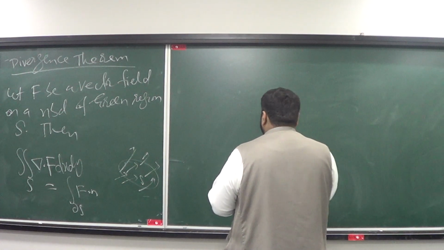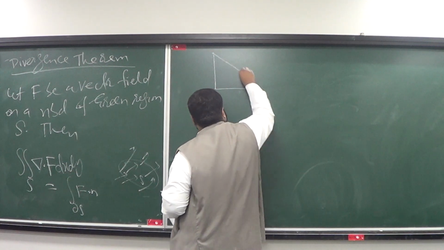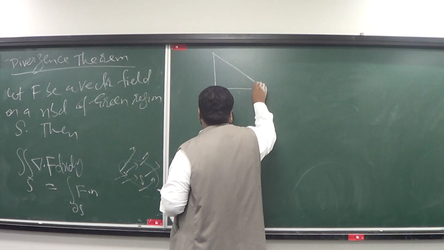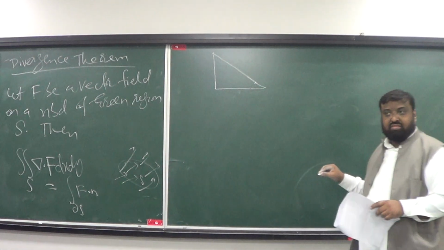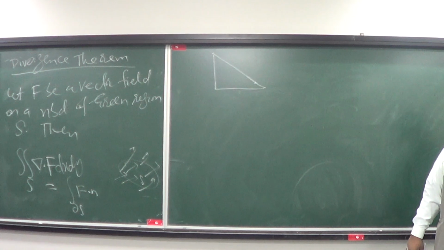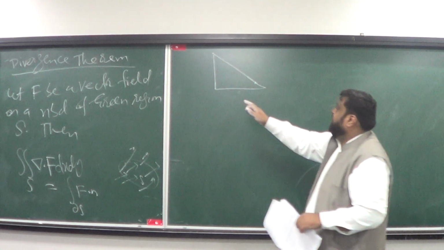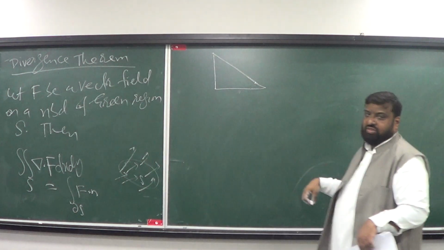So imagine I have a triangular region. I can treat this as sitting between two lines, so type 1 and type 2.